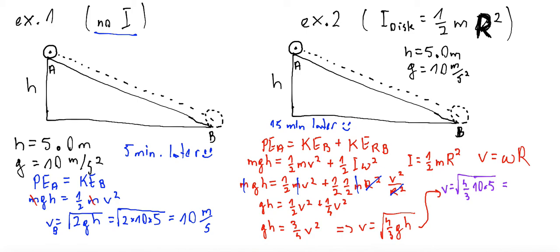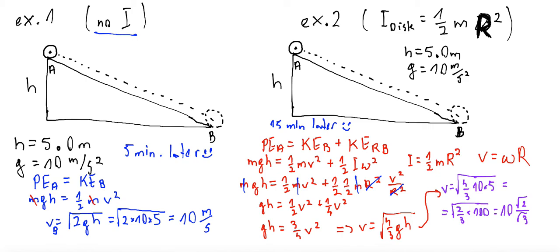So I have no calculator now, so I can use this in the form of 2 over 3 times 100, which is 10 times the root of 2 over the root of 3, which is of course less than 10. Let me calculate on my phone.